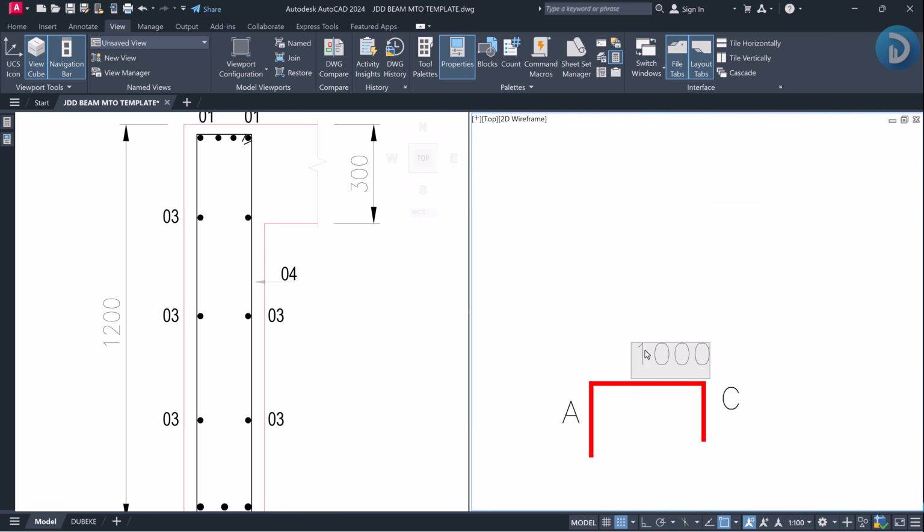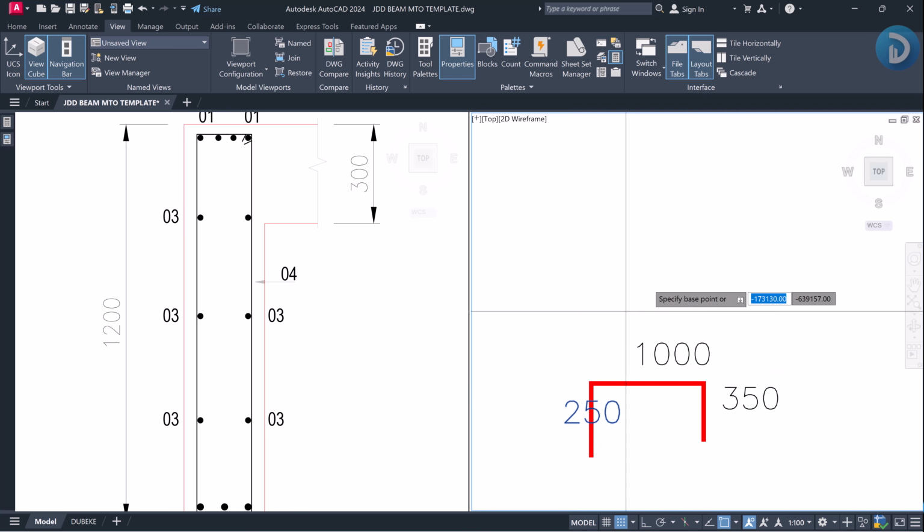Let's say this part is 1000, this part is 350, this part is 350, and this part is 350. So this allows for more visuals.